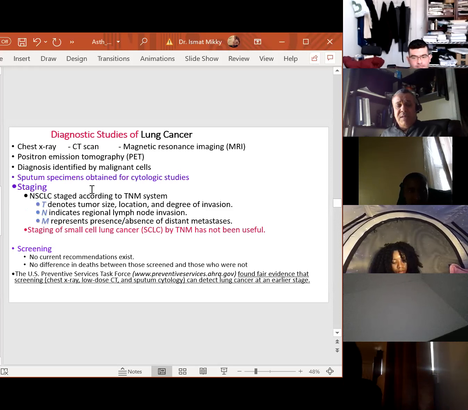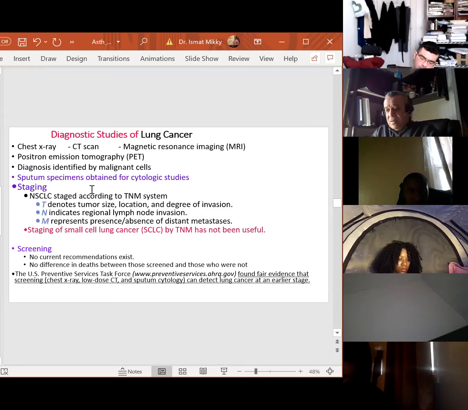In terms of diagnosing, the CT or CAT scan is the single most effective non-invasive technique to evaluate patients with lung cancer.